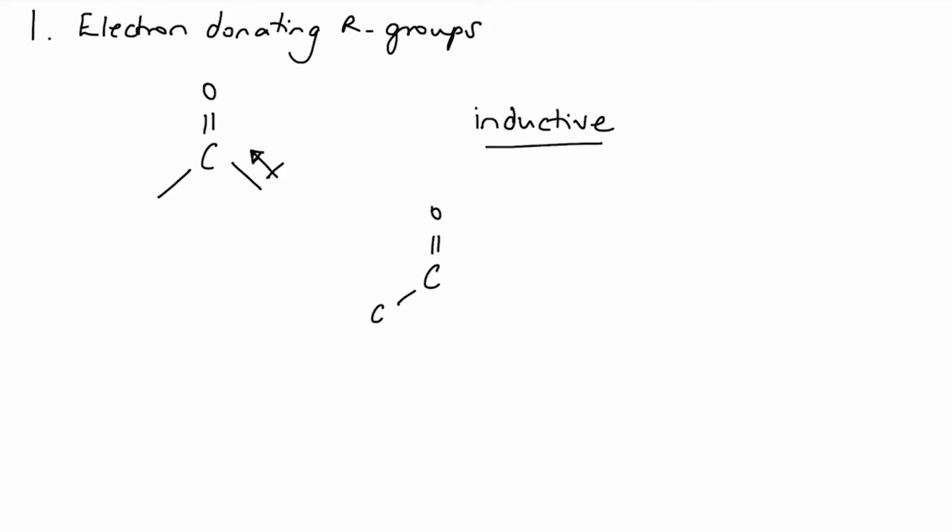So this is an example of a ketone, and the carbon in the carbonyl group is bonded to two alkyl groups. Remember that the carbon is delta positive and the oxygen is delta negative in this carbonyl bond, because oxygen is considerably more electronegative than carbon.